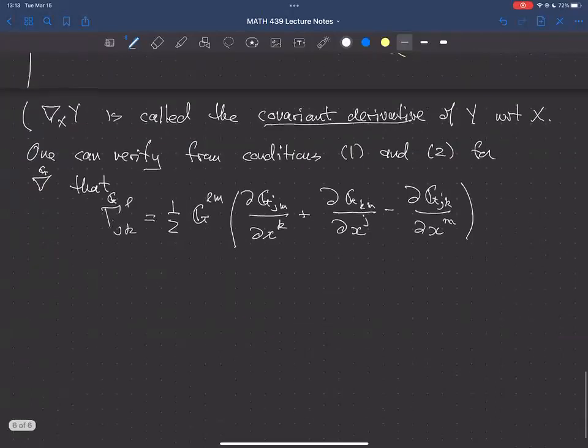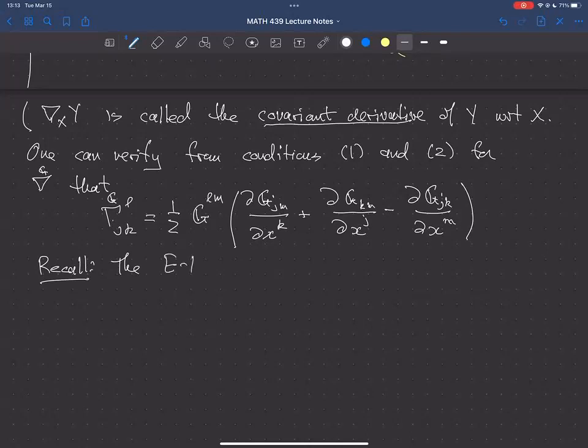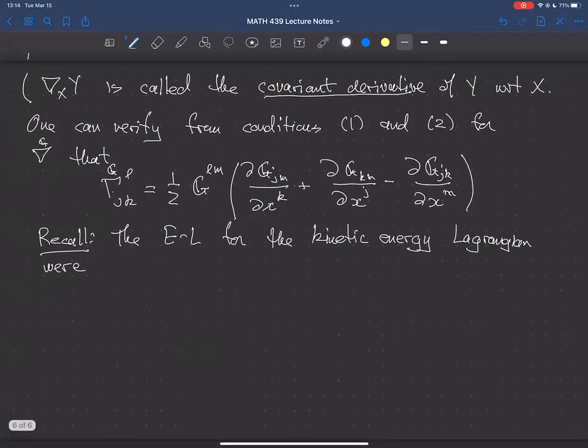Okay, and so remember, just to solidify this, since it's been a while since we talked about it, recall that the Euler-Lagrange equations for the kinetic energy Lagrangian were exactly x double dot L plus gamma G L J K x dot J x dot K equals 0.